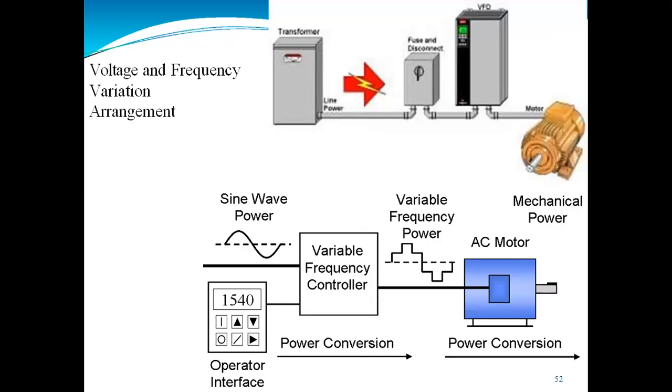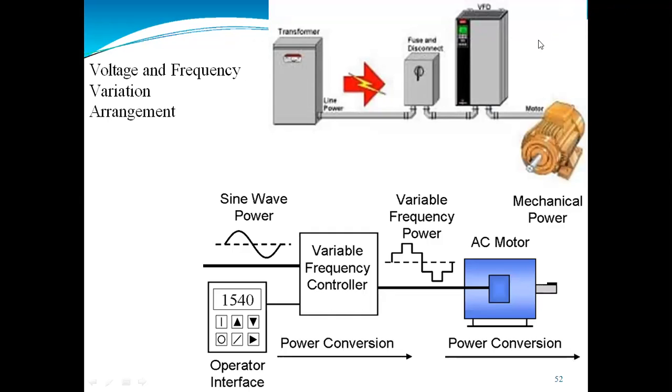When we are giving the power supply, we use the transformer to get the power. When we get the line power, we can use a fuse here. If you see at our home, we are using the power supply, and there is a fuse.